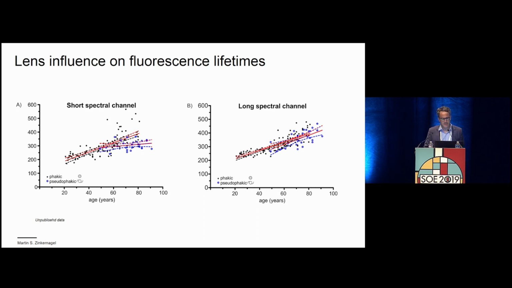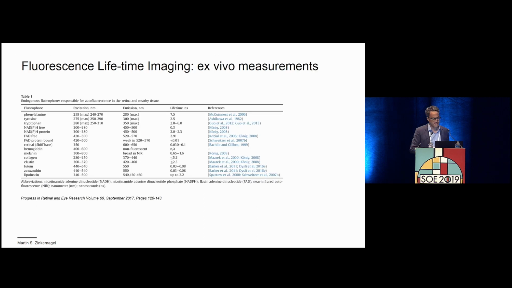So obviously there's less influence in pseudophakic patients. But if you look at the long spectral channel over here, this influence of the lens seems to be much less. So it seems to be reasonable to look at the long spectral channel, especially in patients with cataracts.